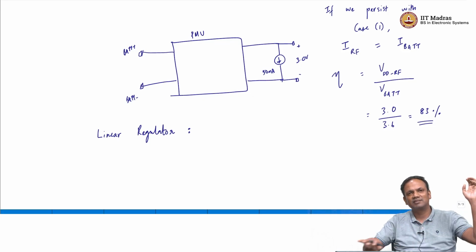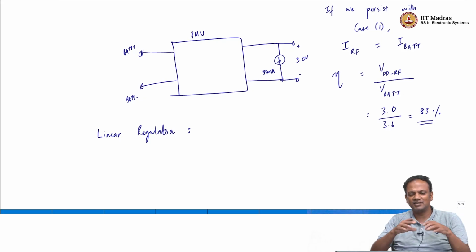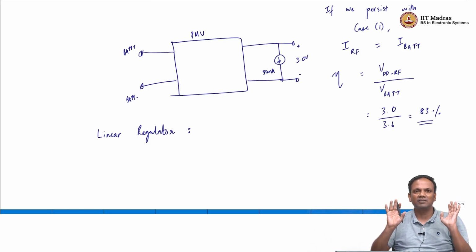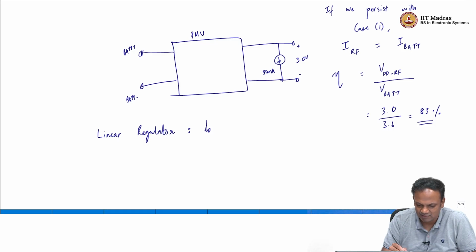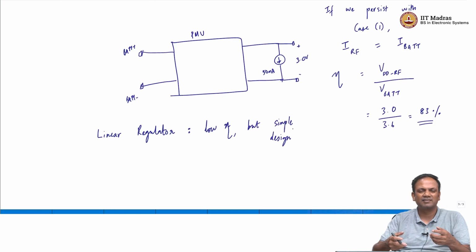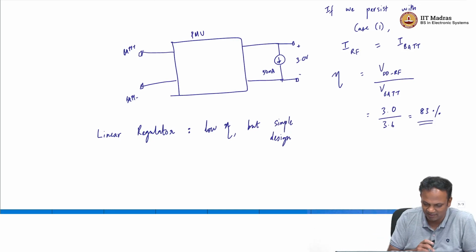I am getting 3.6, I should give only 1.2, the rest of the 2.4 volt I will sustain. That is what that linear regulator block is doing. This is typically low efficiency, but simple design. It is also simple in terms of external components, etc. We will see that in a bit.